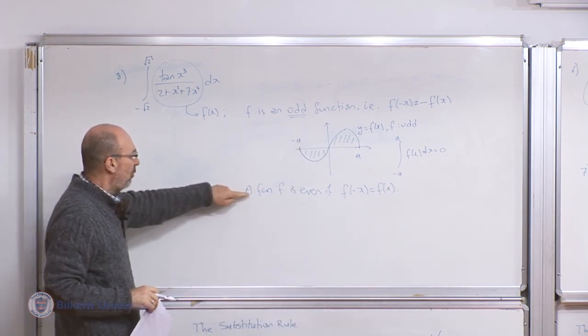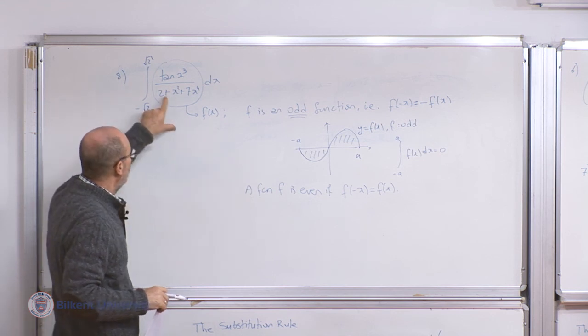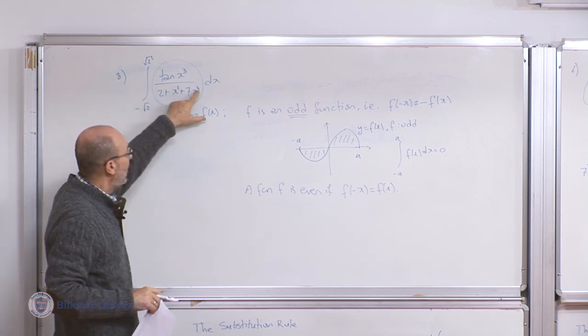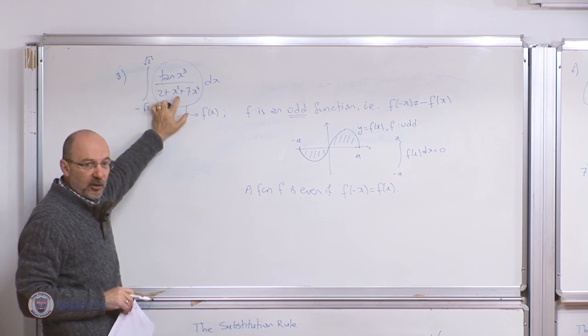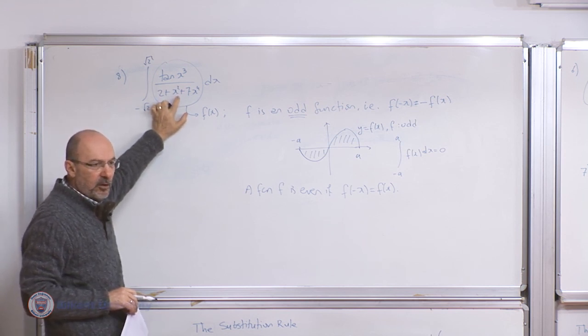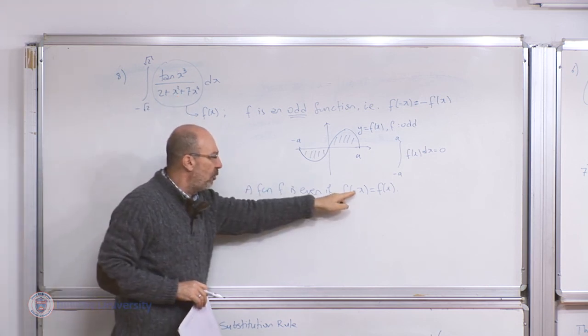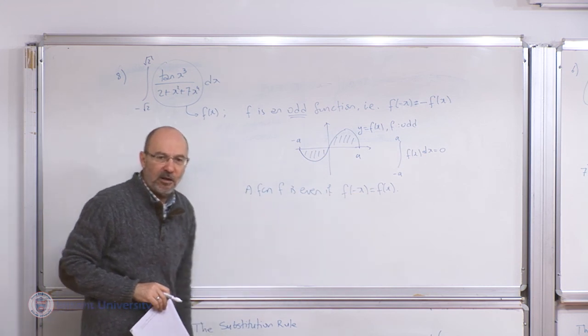This comes from generalization of polynomials. You look at this polynomial, only even powers appear. This polynomial is an even function because it swallows the sign minus 1, and whether you put minus or plus, it gives you the same value.